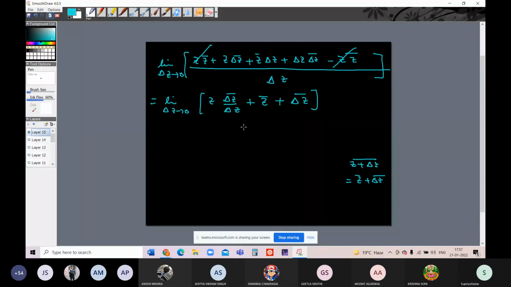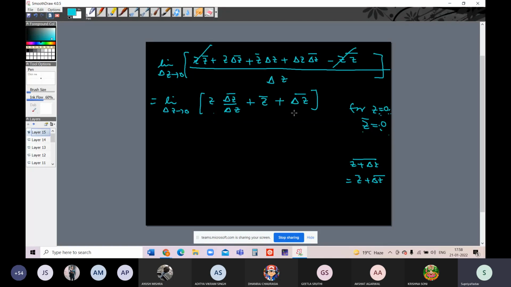So for z is equal to 0, if we take z is equal to 0, then obviously z bar will also be 0. So z bar is 0, it means that this term will be 0 because we are taking z is 0. So the first term becomes 0.